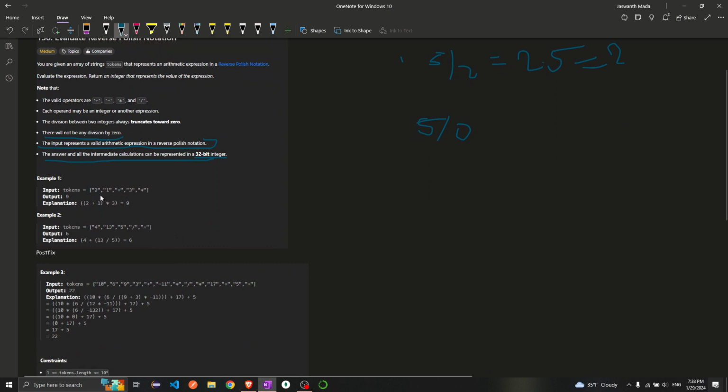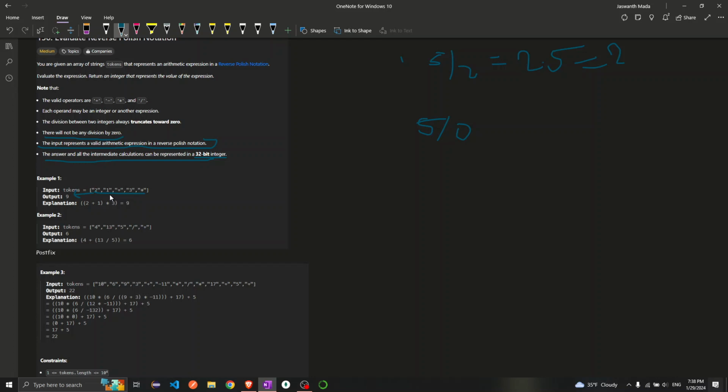If you look at this example, initially we are given an array of strings. What we need to do is evaluate this postfix expression and identify the value at the end. Suppose we have been given this array of strings.